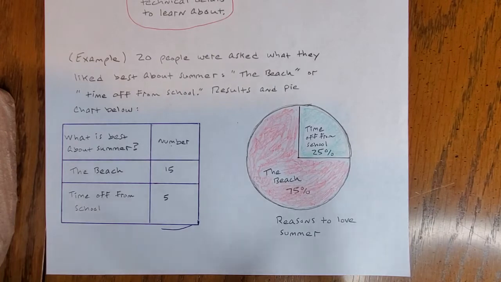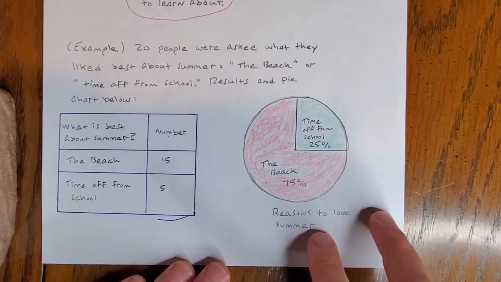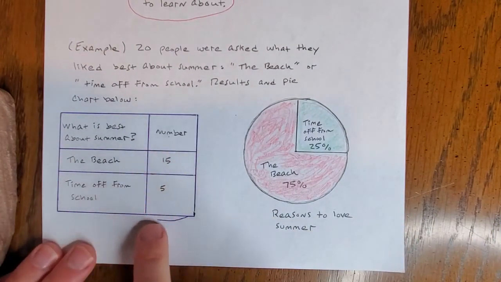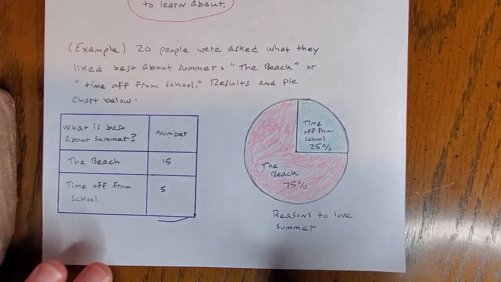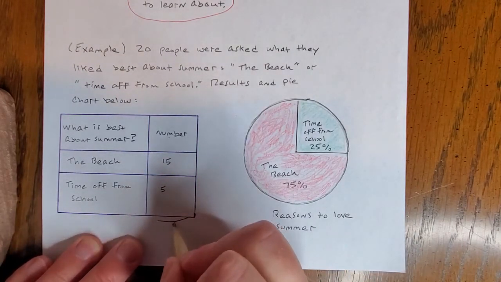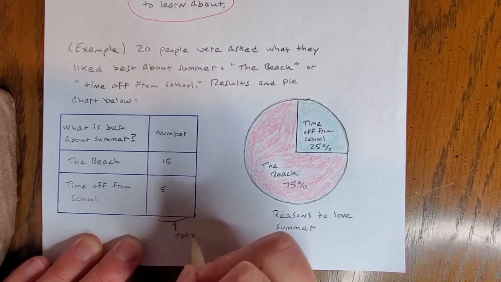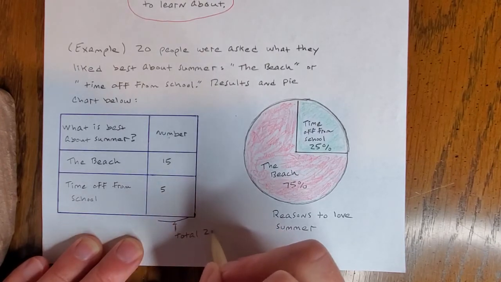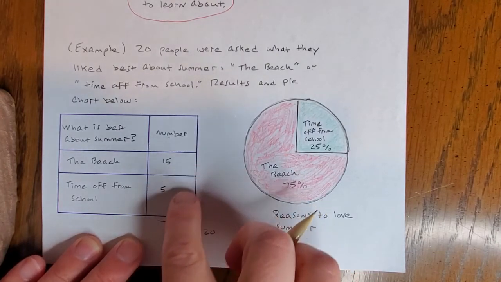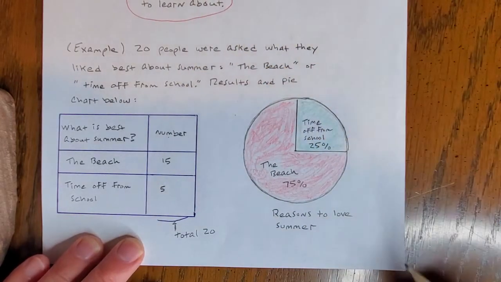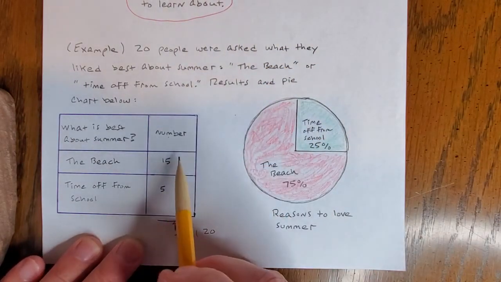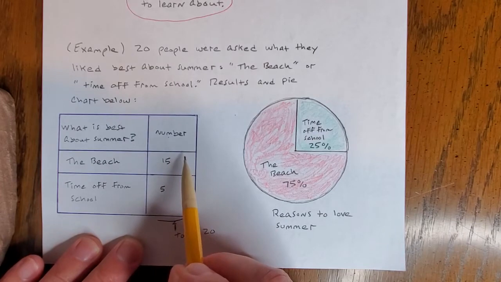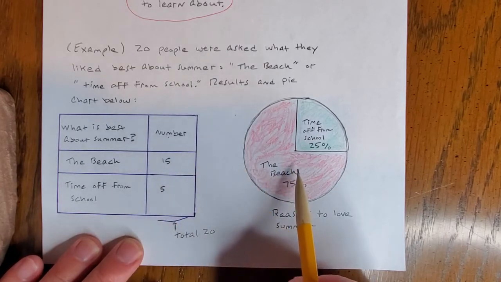All right. And the pie chart has to reflect the actual proportions of the raw data. So, in other words, you look at this raw data, and there's a total of 20 people, right? 15 and 5. Well, what portion of the chart should the beach be?